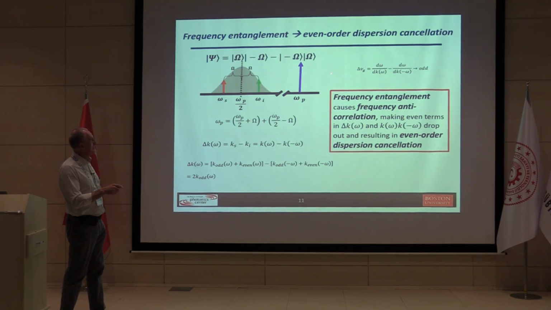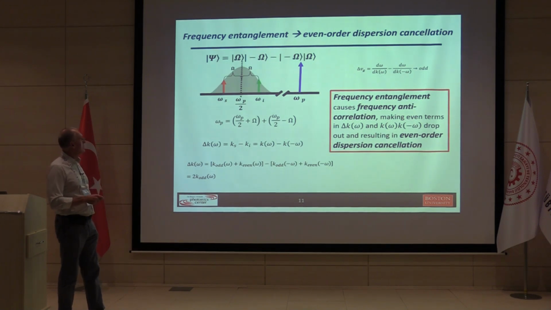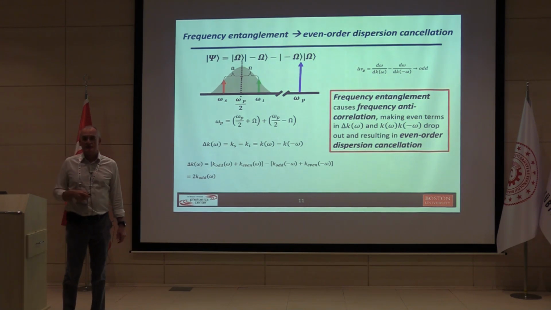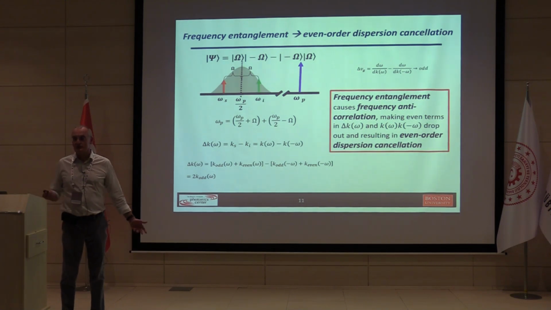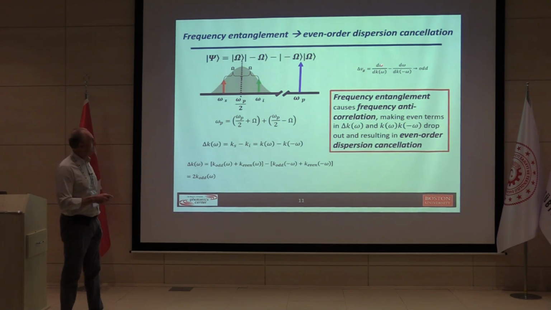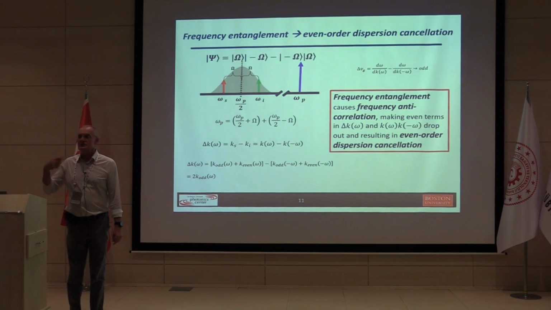So the first one is just omega over k. What is it? It's a refractive index, basically, right? Phase velocity is how much smaller the speed of light is. A refractive index. The first derivative, it's a group delay. What is the second derivative?